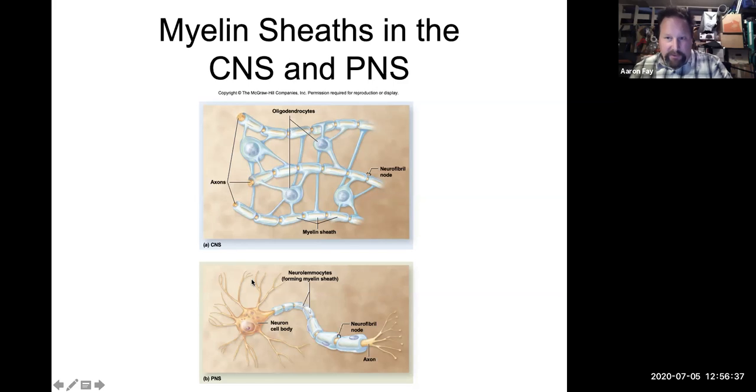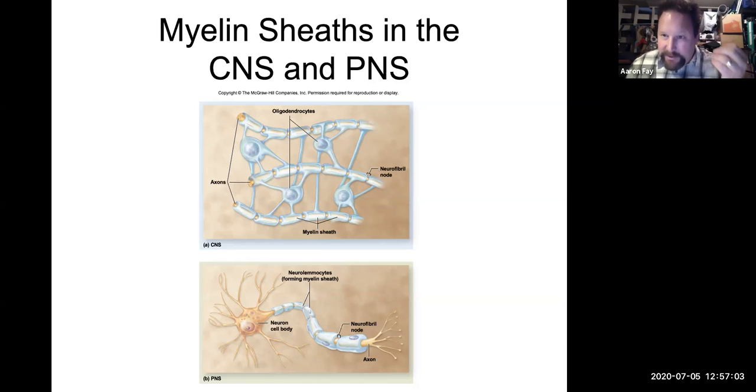Here in the peripheral nervous system, we can see we have neurolemmocytes, which are responsible for myelination. And in the central nervous system, we have the oligodendrocytes. Now, you should be able to look at this and tell me, without any labels, what part of the nervous system we're at. And you should realize that by looking at the neurons, you cannot tell.